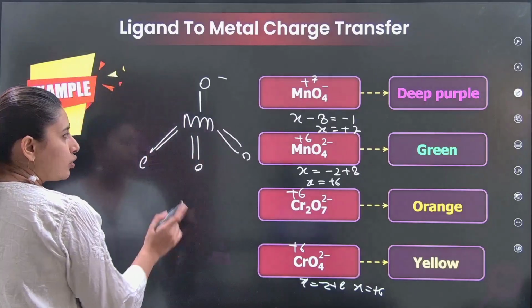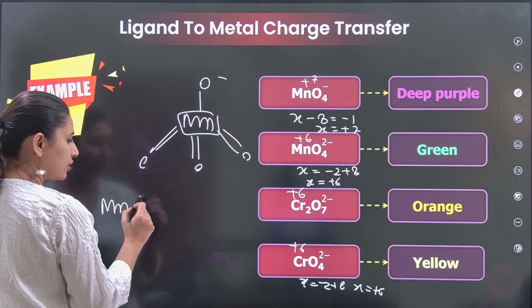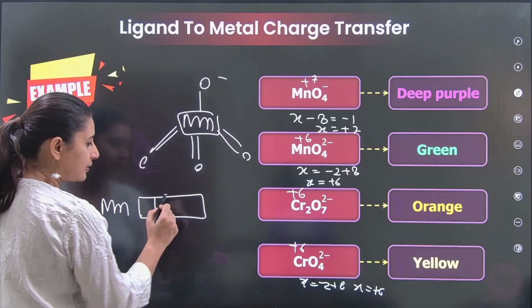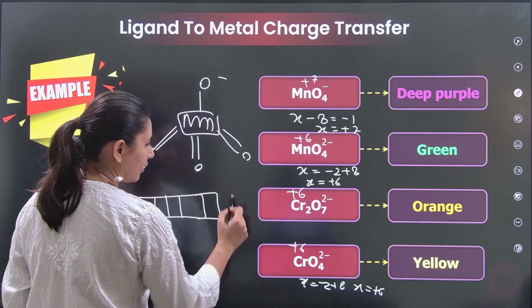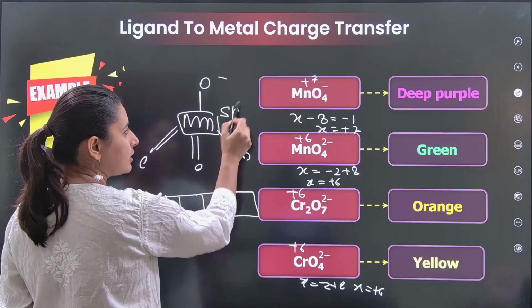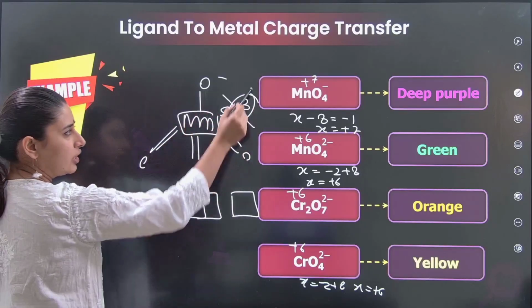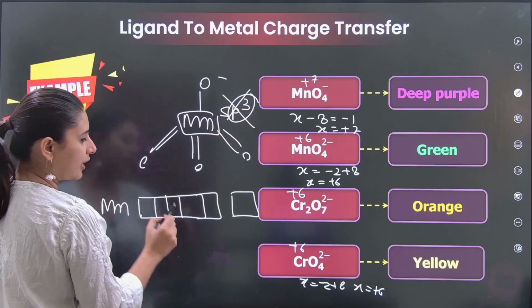Interestingly, there is also one thing that you must know. Manganese out here has a zero oxidation state, so its d orbital is empty. But the student says sp3. The p orbitals are not getting filled. Please mind you, the hybridization is not sp3.